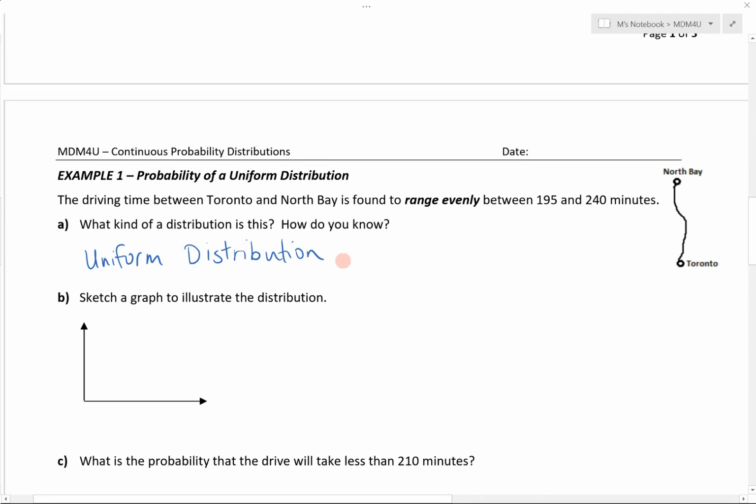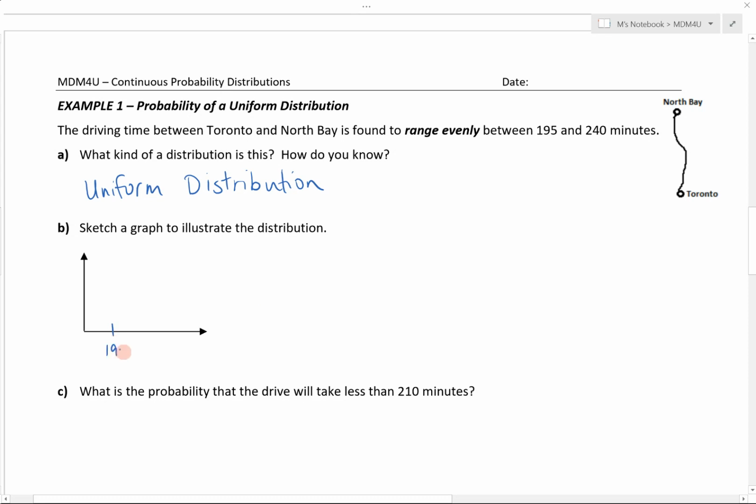However, this is a continuous distribution, so it's going to be between 195 and 240, with time being the x-axis variable in minutes, and my y-axis would be the probability density. You're going to have a little box here to show our distribution. It ranges evenly, that's why our box has a constant value for its probability density.